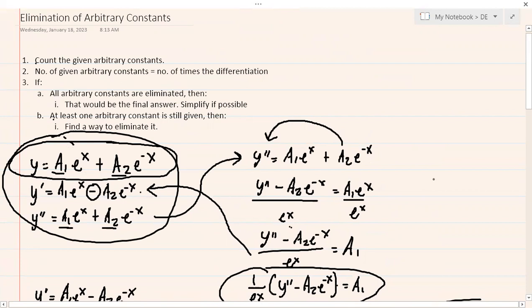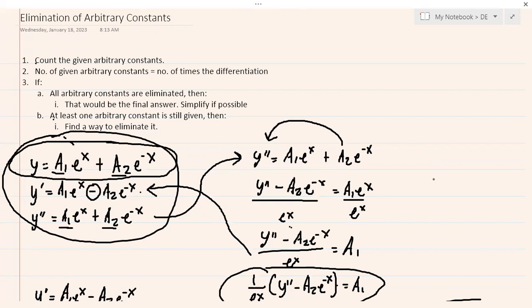Basta guys, you get the point here. So, in here guys, as you can see dito, when it comes to eliminating arbitrary constant, 'di ba, we use differentiation. Then we use other algebraic techniques para matanggal si arbitrary constant if andyan pa rin siya after natin siyang i-differentiate, right?